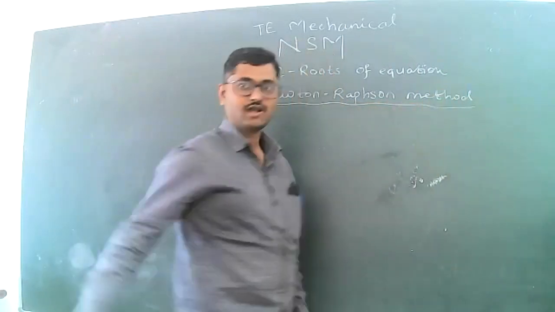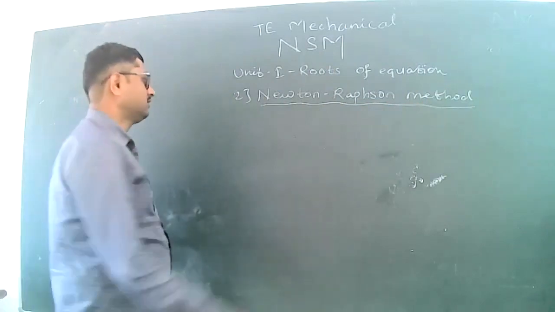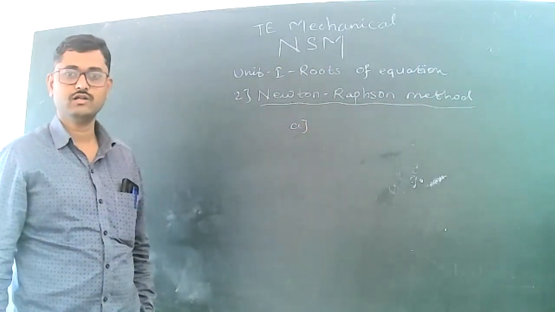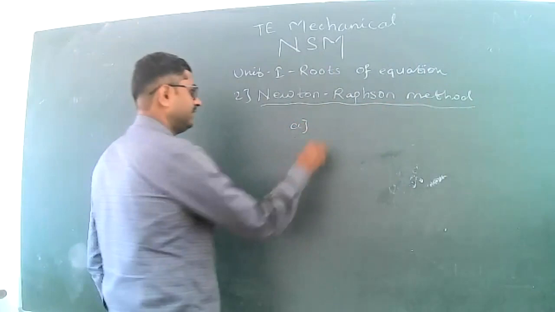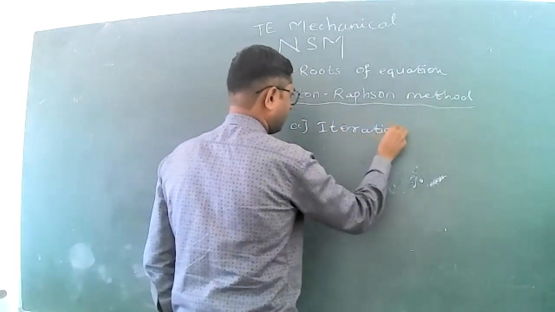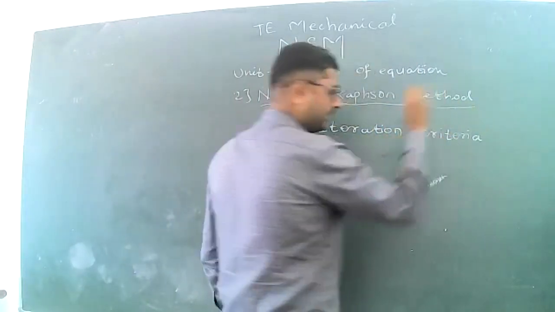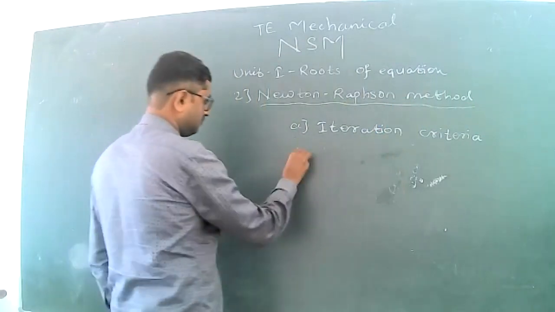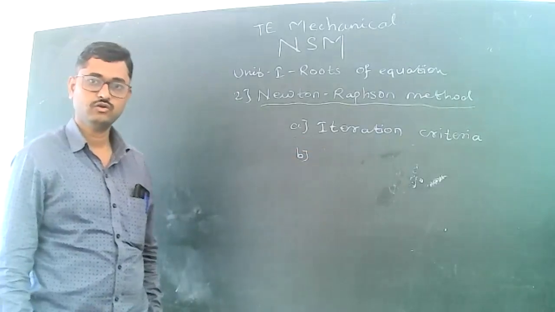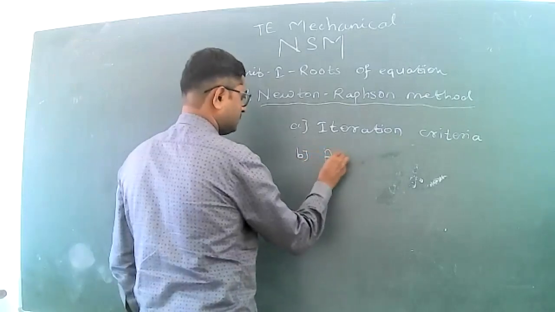The second method is the Newton-Raphson method. Again, for the Newton-Raphson method, there are two criteria. We have to solve the numerical based on iteration criteria, and the second way to find the root of the equation using the Newton-Raphson method is accuracy criteria.